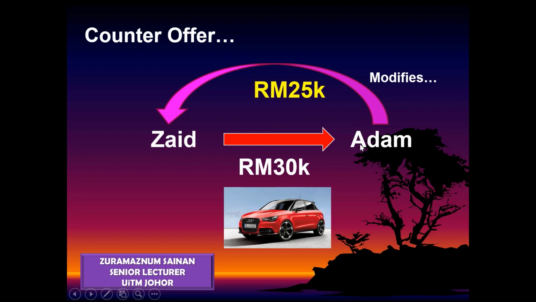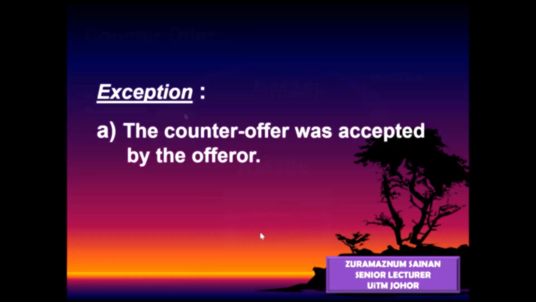So here it means Adam has modified the terms of the original offer. The original offer is for 30,000. But he accepted for only 25,000. So in that case, there is no valid acceptance because Adam has made a counter offer.